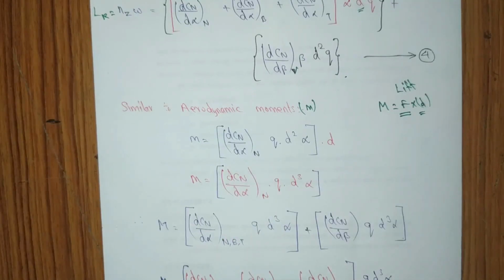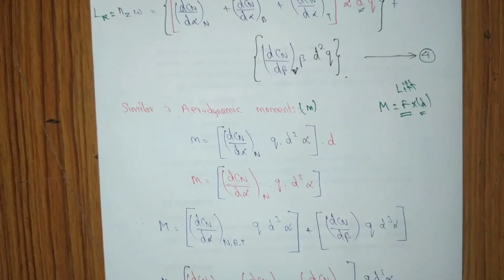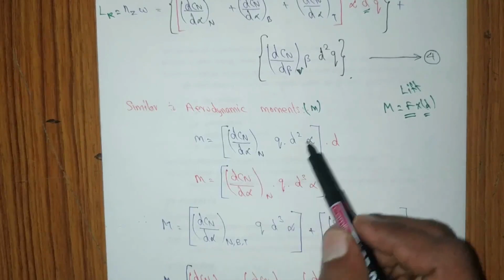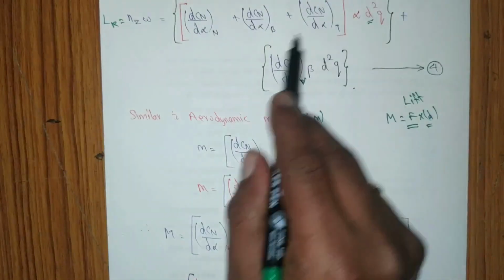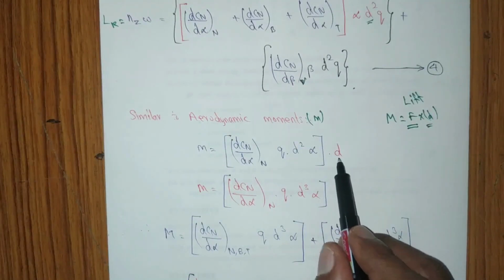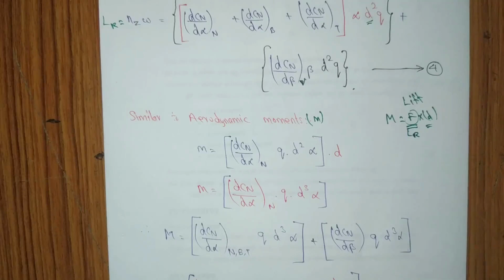We are not going for beta. Primarily we go with alpha and then we add beta for the overall moment. Here the same lift force term will come, the entire term, and you have to multiply with d, the distance. So the resultant lift we have to use and multiply with d.